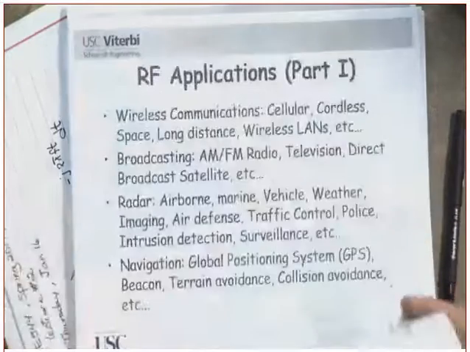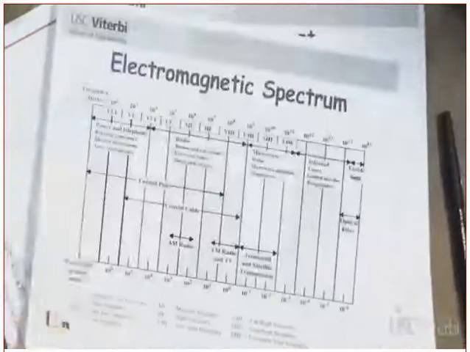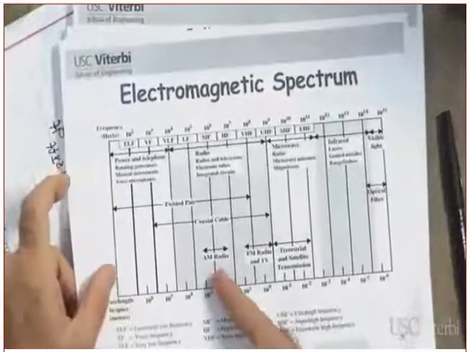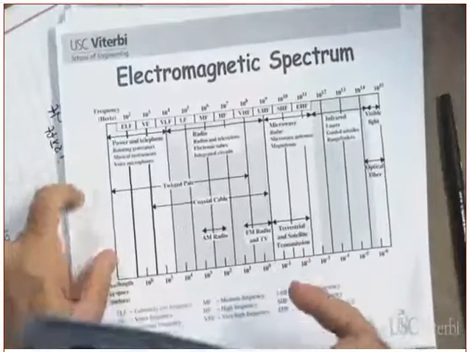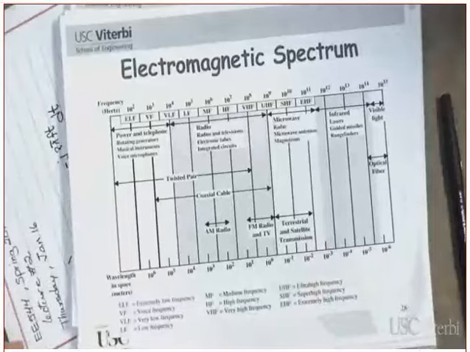So the spectrum could be reused. This is the spectrum chart again, the electromagnetic spectrum. You can see some services: the AM radio here, FM radio here, terrestrial here. They are trying, for example, to phase out analog TV. The FCC decided they don't want analog TV anymore.